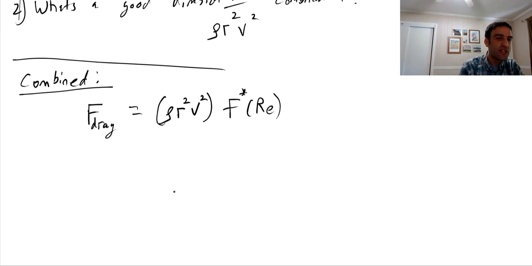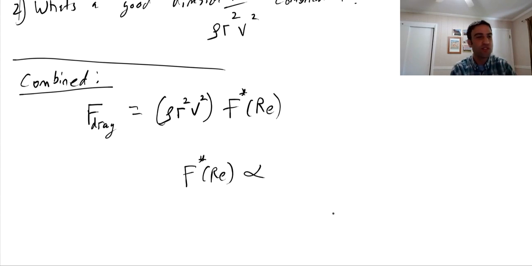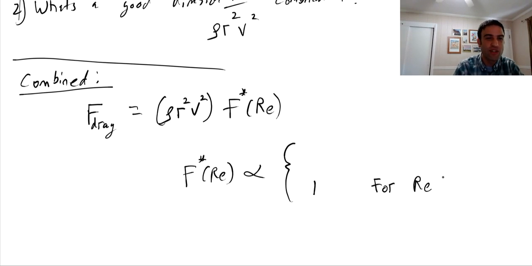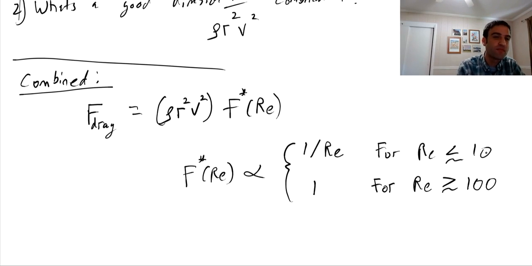And so let me tell you that the answer to this is that f star, as a function of Reynolds number, is kind of proportional to the following things. If the Reynolds number is really big, this number is basically just a constant, right? So it's 1, or it's proportional to 1, if the Reynolds number is some big thing, like greater than 100, okay? And it's also basically equal to 1 over the Reynolds number if the Reynolds number is small. For a Reynolds number, let's say less than about 10, okay?